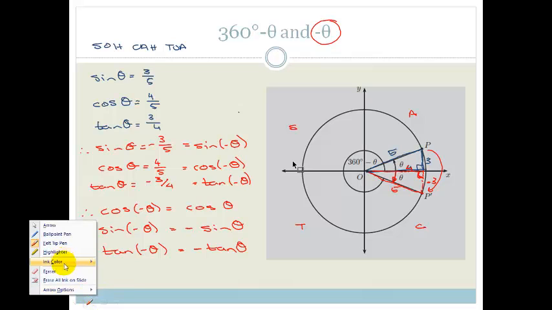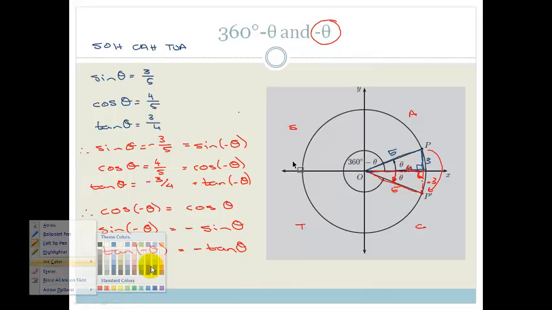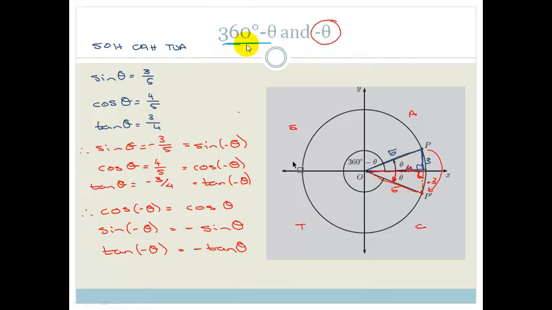Okay, and there's one more thing that I need to talk to you about, and this is 360 minus theta. Grade 11s, if you look, you can see that if I go from here all the way around to there, then that is equal to 360 degrees, which is all the way to the top, minus theta.